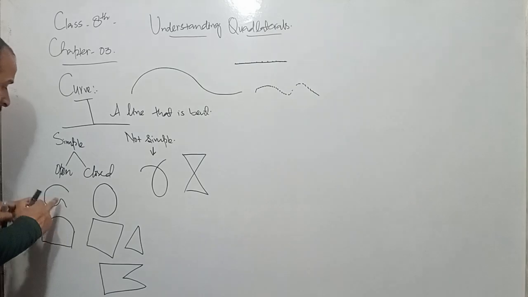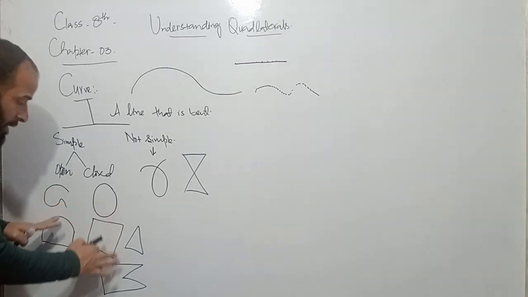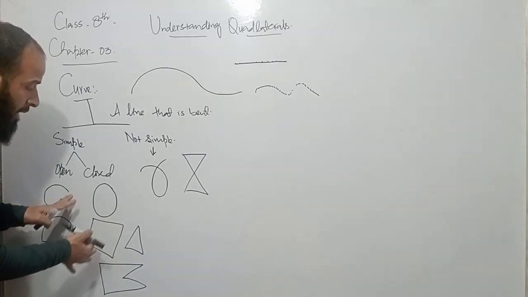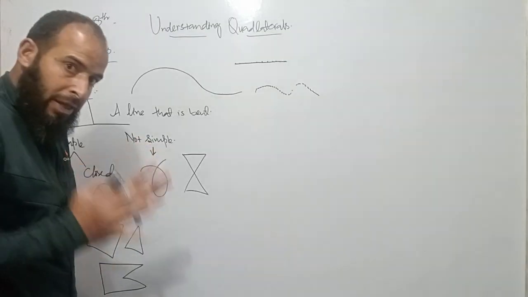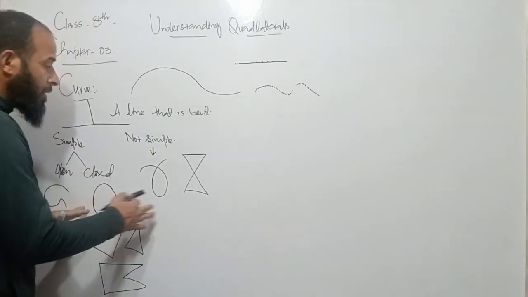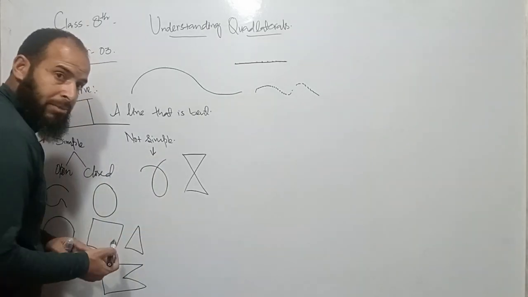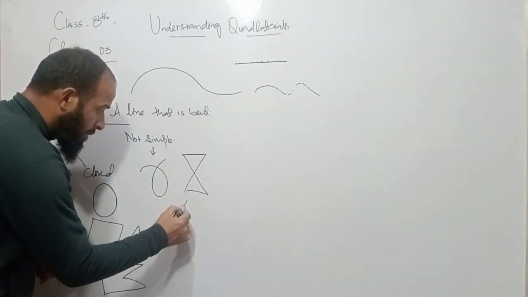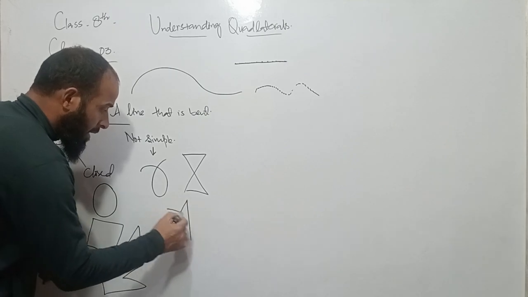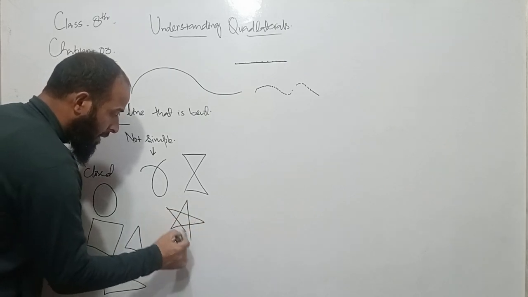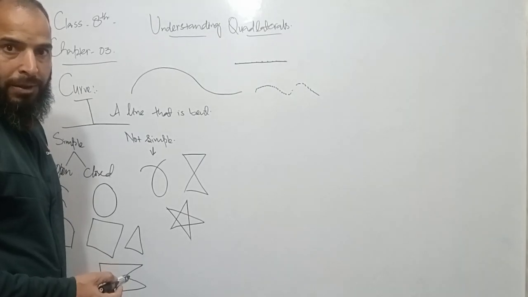These are closed curves. This is an open curve. These are simple closed curves because इनमें crossovers नहीं है. They do not contain crossovers. और ये जो है, these curves are not simple. Also, this is not simple.